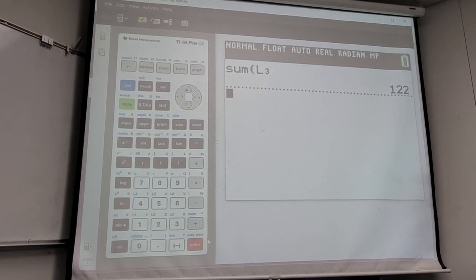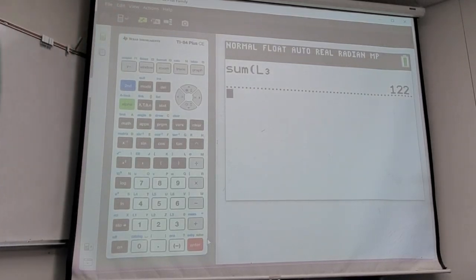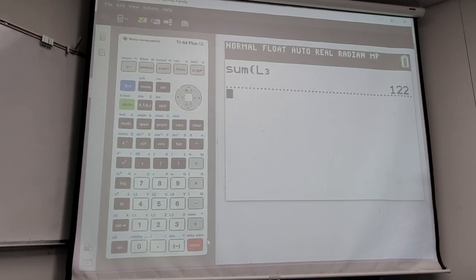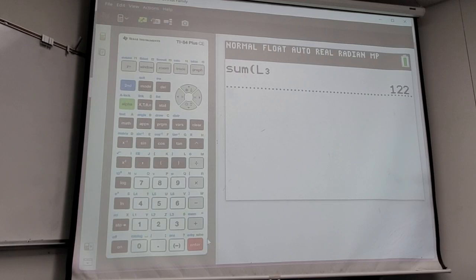So if I gave a test to one class, and their average score was a 75. This is class 1. And I gave the same test to class 2, and their average was a 75. But these guys' spread was 20, and these guys' spread was 4.